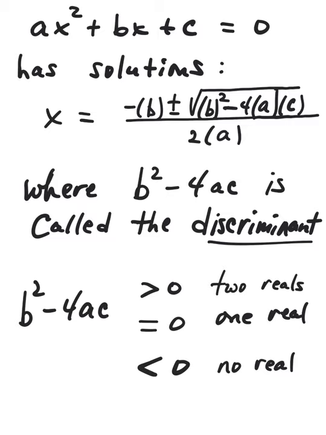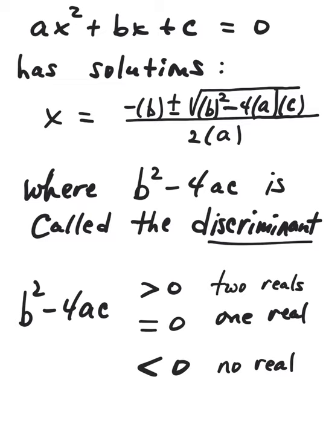Negative b value, whatever that number is, plus or minus the square root of b squared minus 4 times a times c. That little part's under a square root, and then the entire denominator, like draw a line under all of it, the denominator is 2 times a.